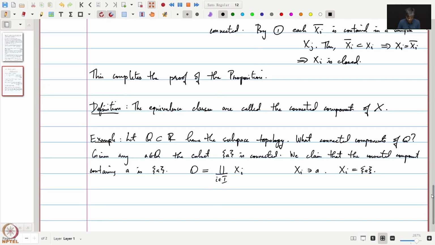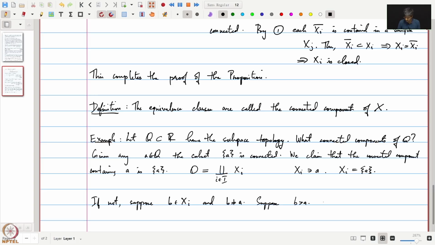Why is that? So if not, suppose B also belongs to Xi and B is not equal to A. Right. So then let's assume that B is strictly greater than A. Right.